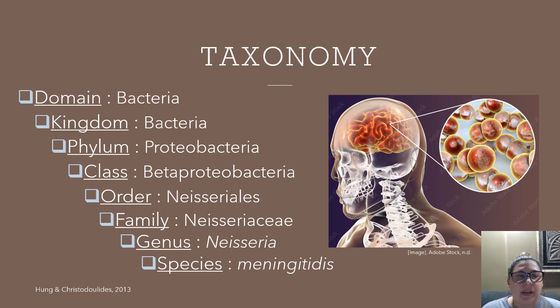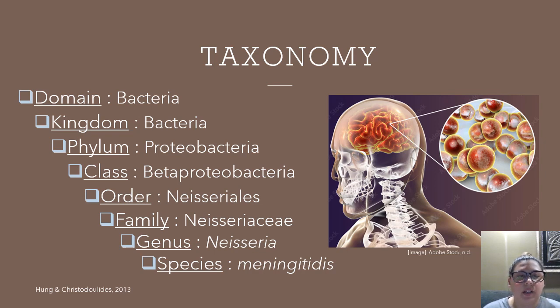So this bacteria is part of the domain Bacteria and kingdom Bacteria. The phylum is Proteobacteria, and Proteobacteria are currently the largest phylum within the bacteria domain. Proteobacteria is a major phylum of gram-negative bacteria. N. meningitidis is part of the class Beta-Proteobacteria. This class consists of several groups of aerobic or facultative bacteria that are highly versatile in their degradation capacities.